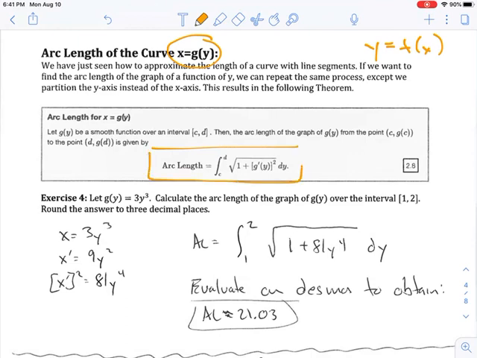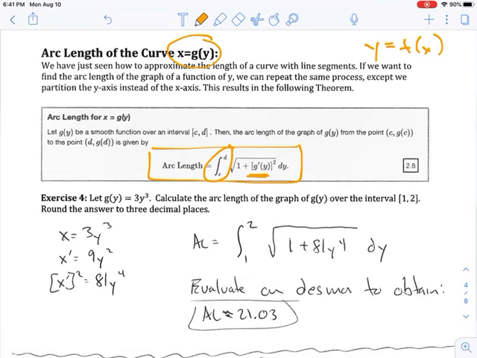It's just that we're doing it in relationship to the y-axis rather than the x-axis. And you have to keep that in mind. So the c and the d, the bounds of integration, are along the y-axis. And other than that, our function here has to be x as a function of y. Everything else is pretty much the same.